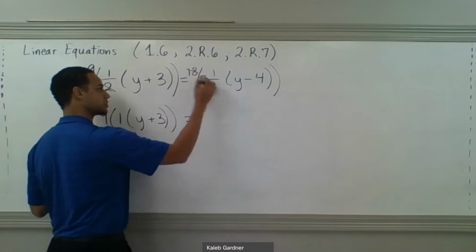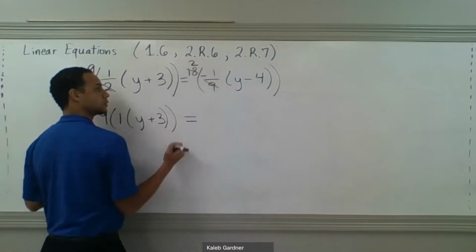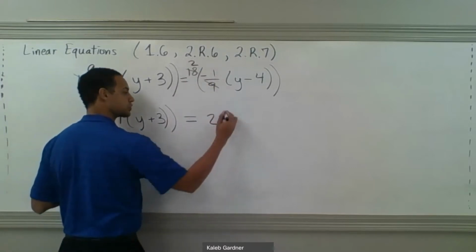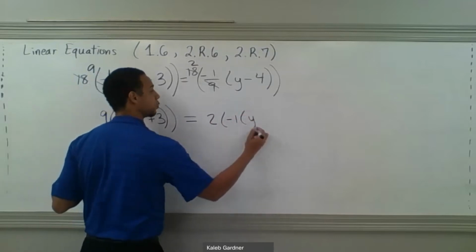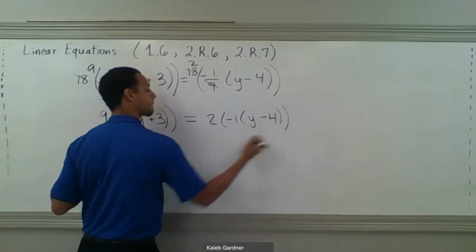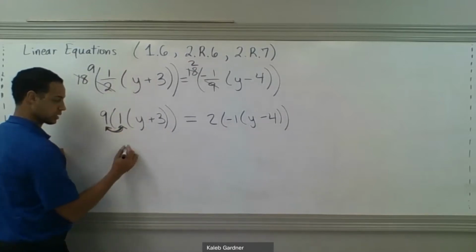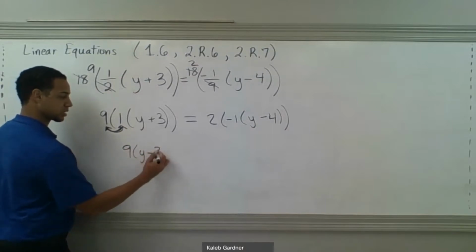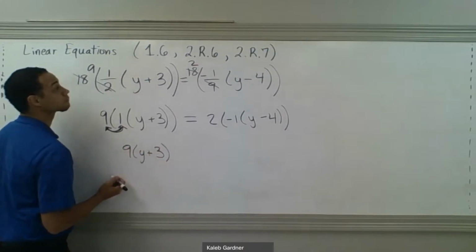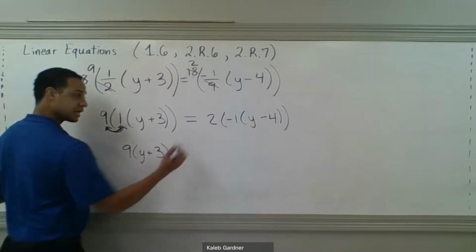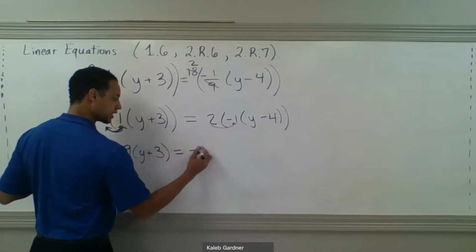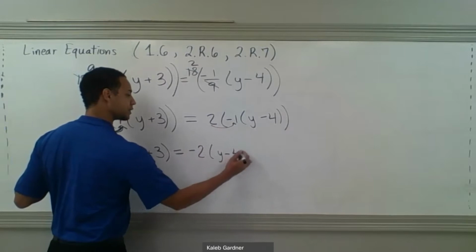Equals, reduce here, 2 times negative 1 times y minus 4. We can simplify these two really simple, just multiply those. 9 times y plus 3, negative 2 times y minus 4.